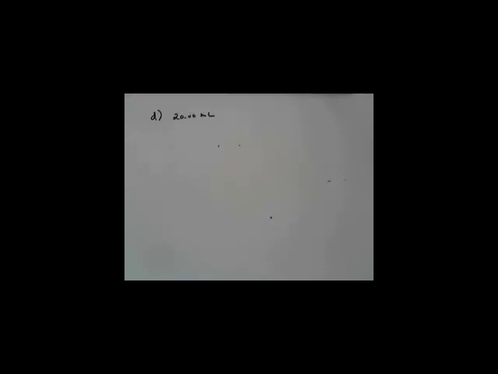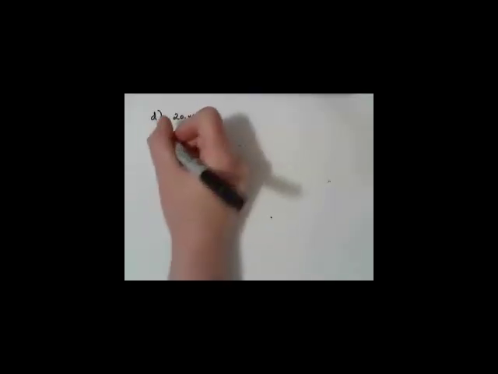So now we have to determine the molarity of the solution. Remember, all of the acetic acid has been consumed, so now we're just left with the acetate ion. So let's see what we have here.